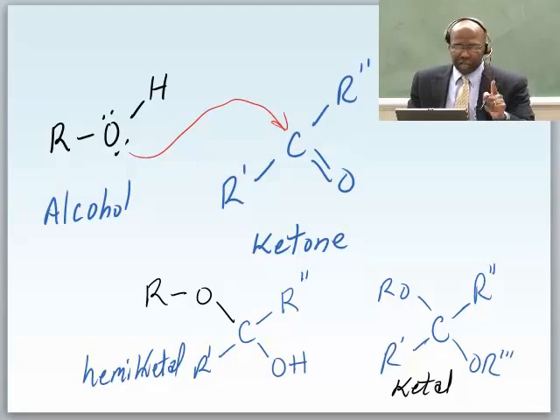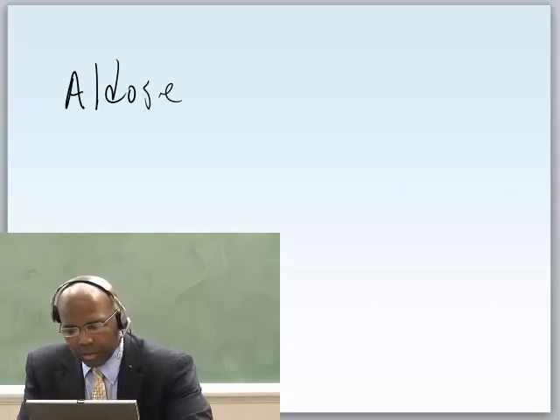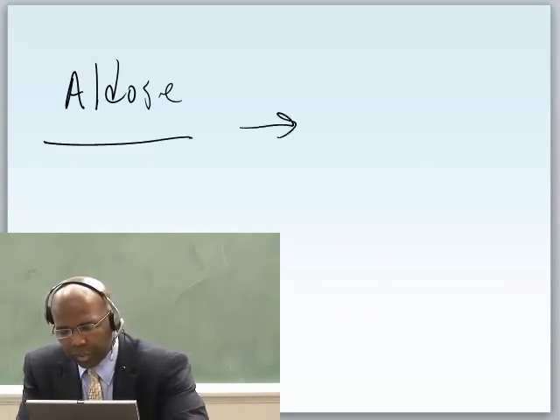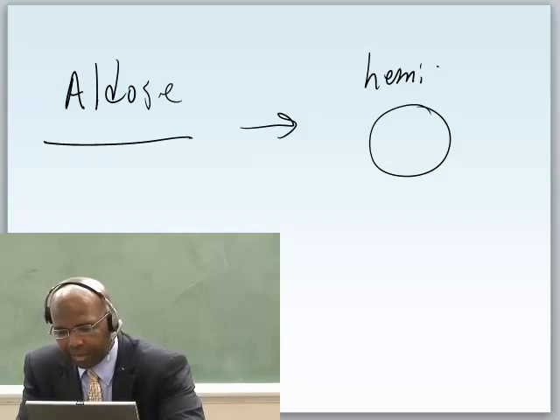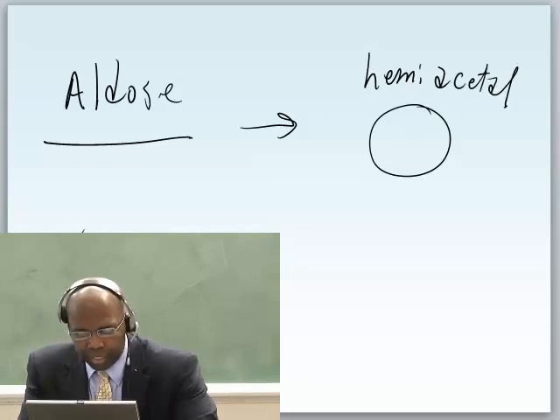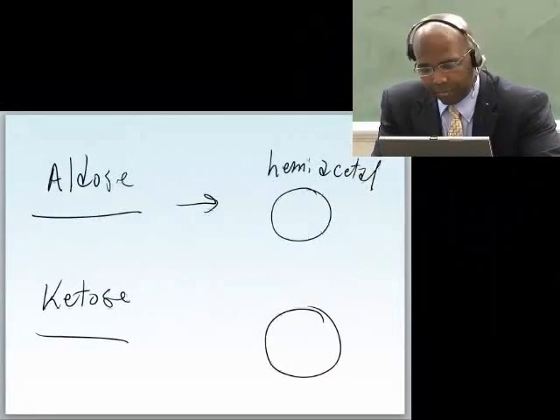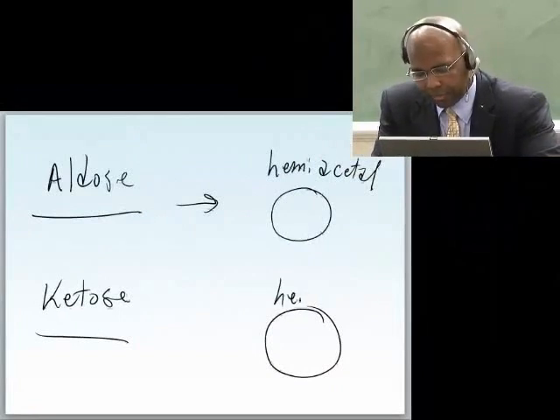When a straight chain aldose closes, it becomes a hemiacetal. When a straight chain ketose closes, what does it become? A hemiketal.